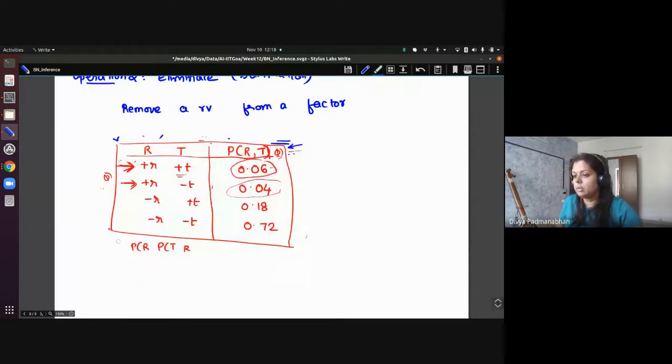Okay, so this is a factor that I'm starting with, P of RT. Now I want a new factor with just T. So how do I do that from this table?